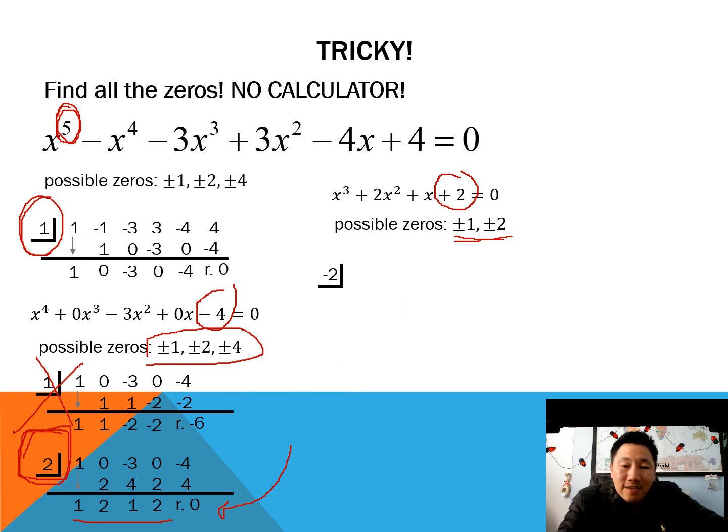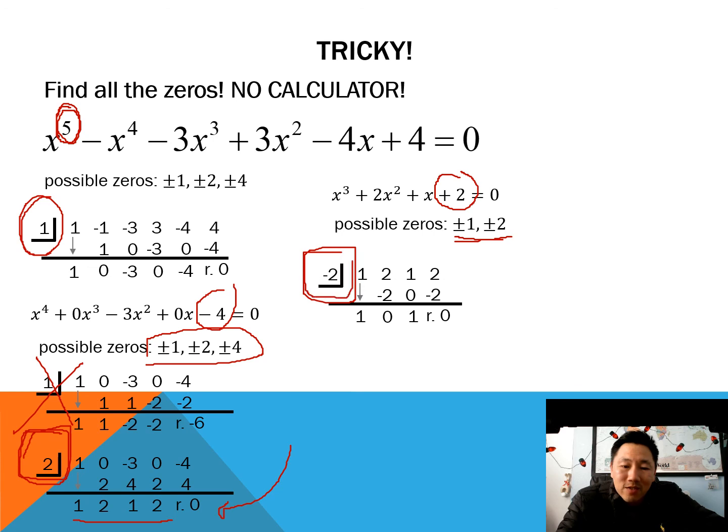So let's go ahead and try, I actually tried -2. Plugging it into synthetic division. It turns out that -2 works. So tried 1, tried -1, tried 2, none of those work, but -2 did work. And so -2 is our third answer.